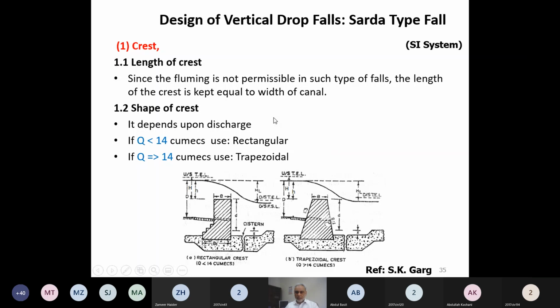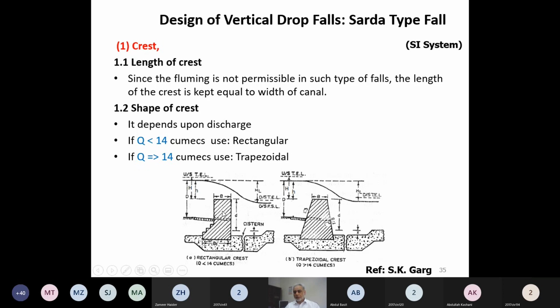So the length of the crest, which is not visible in this figure, or the length of the fall, will be equal to the width of the channel, the width of the canal. So the whole width of the channel will be provided with the crest wall, where we have to provide the fall.